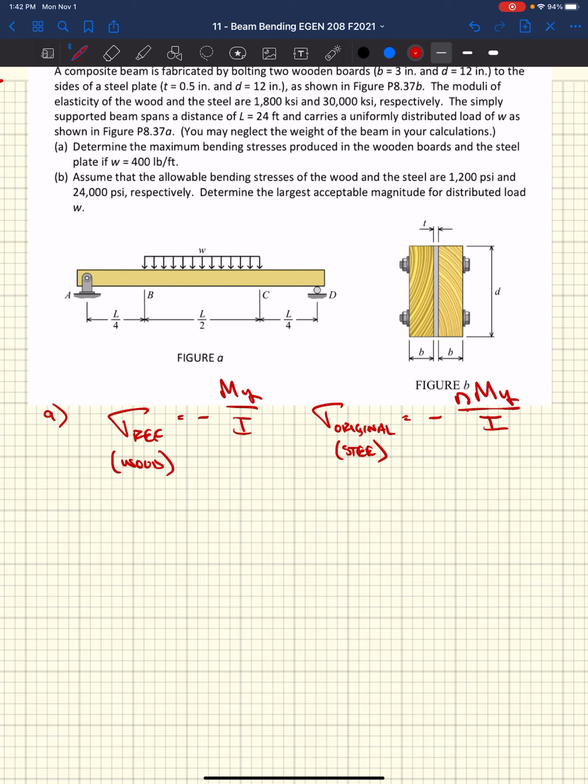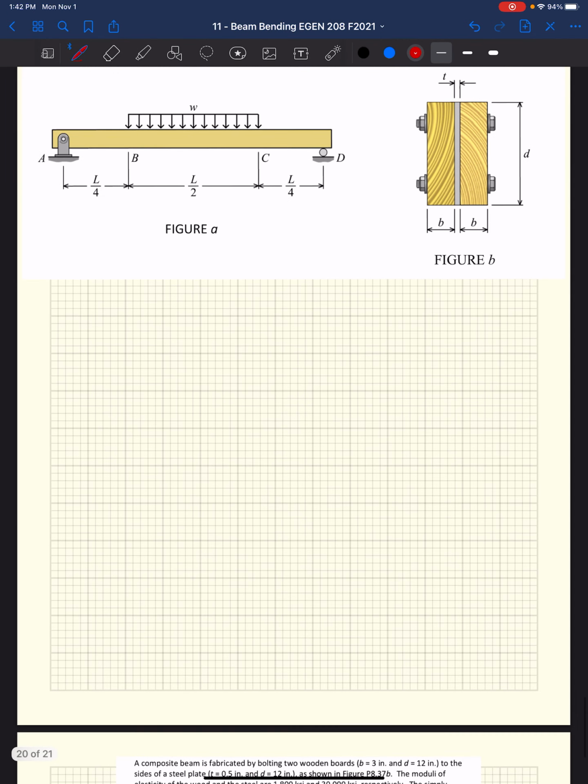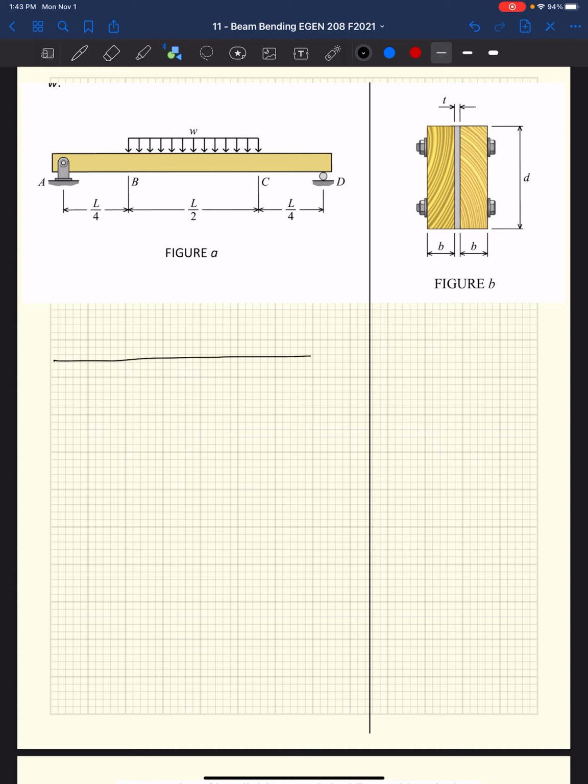Well, before we get there, a few things we need to do. In those equations, we have n, M, y, I. All of those things, we need to figure out what those are, which means we need to transform our cross-section, which means we need to do statics.